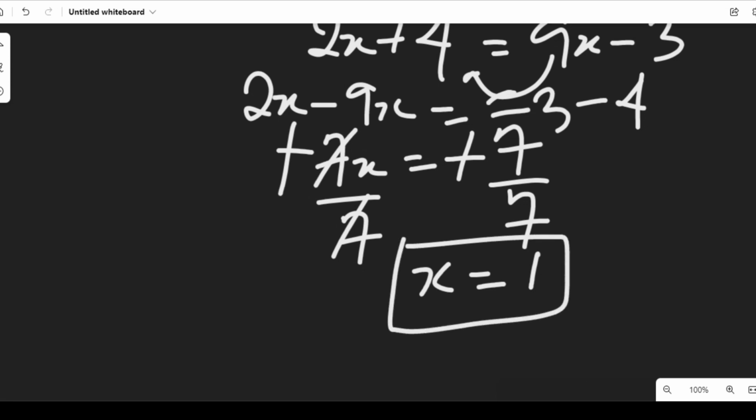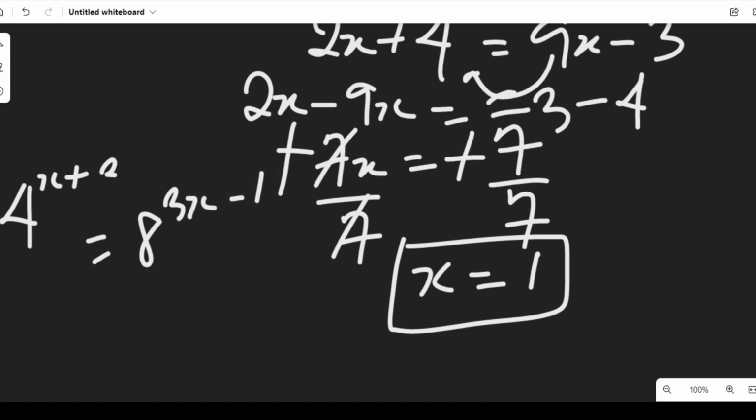Now, if we slot this value into the equation to check, we have 4 raised to power x plus 2 equal to 8 raised to power 3x minus 1. So if we allow x to be 1, we'll have 4 raised to power 1 plus 2 equal to 8 raised to power 3 multiplied by 1 minus 1.